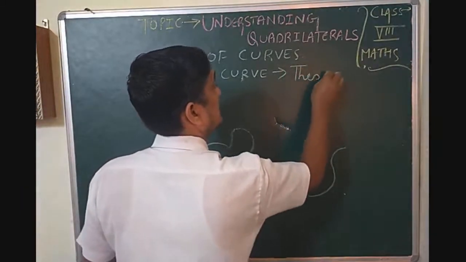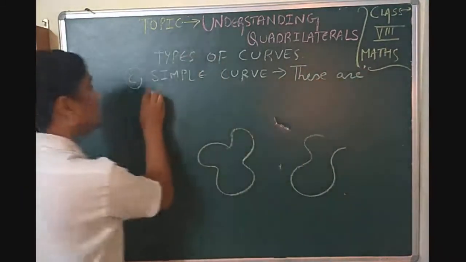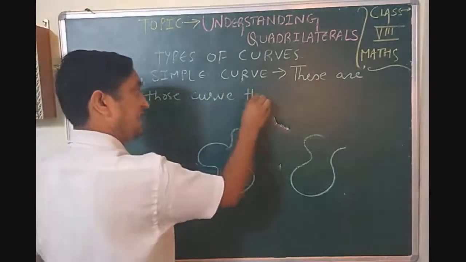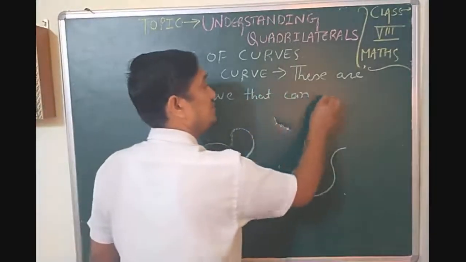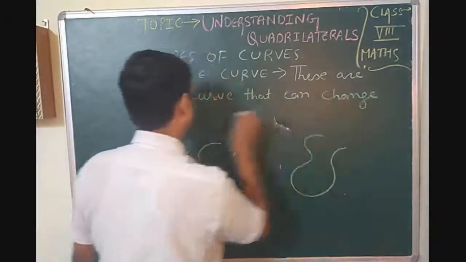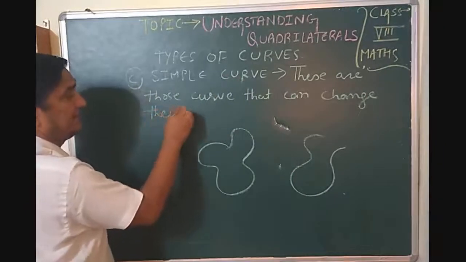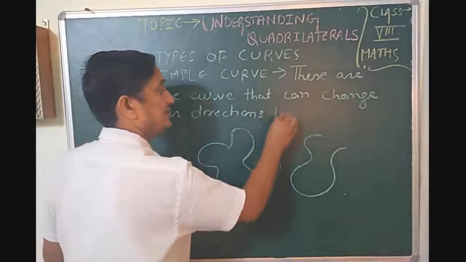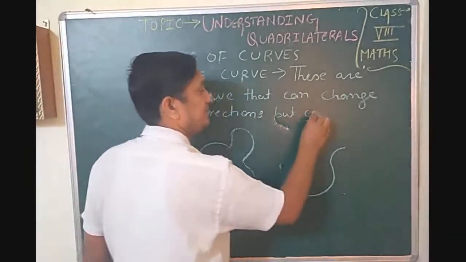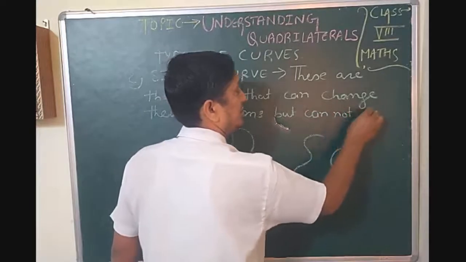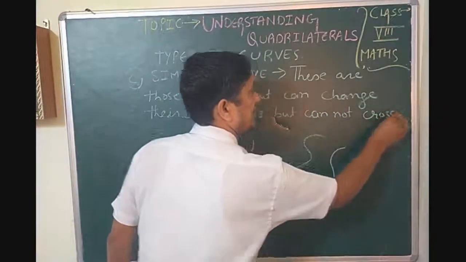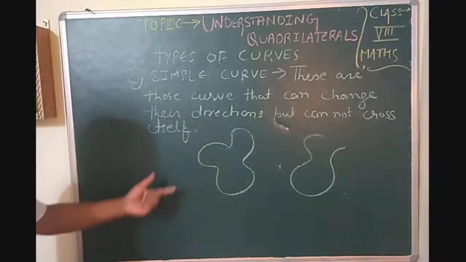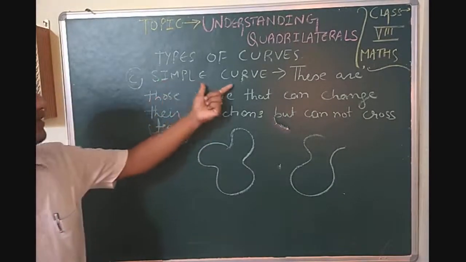These are those curves that can change their directions, but cannot cross itself. Such type of curves are called simple curves.